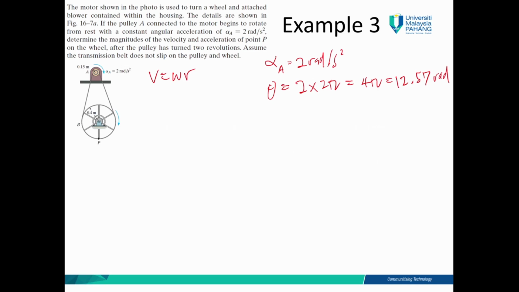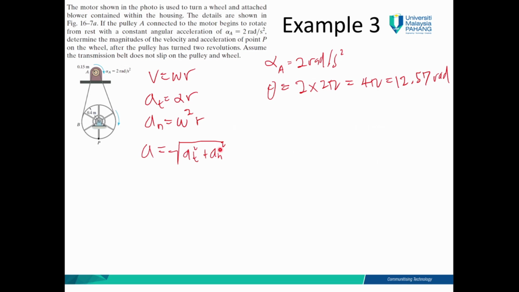And you also know that the tangential acceleration you can find by multiplying the angular acceleration times the radius, and the normal acceleration, if you're interested in the magnitude, is equal to angular velocity to the power of 2 times the radius. And to find the value of acceleration, you need to find the square root of at to the power of 2 plus an to the power of 2.